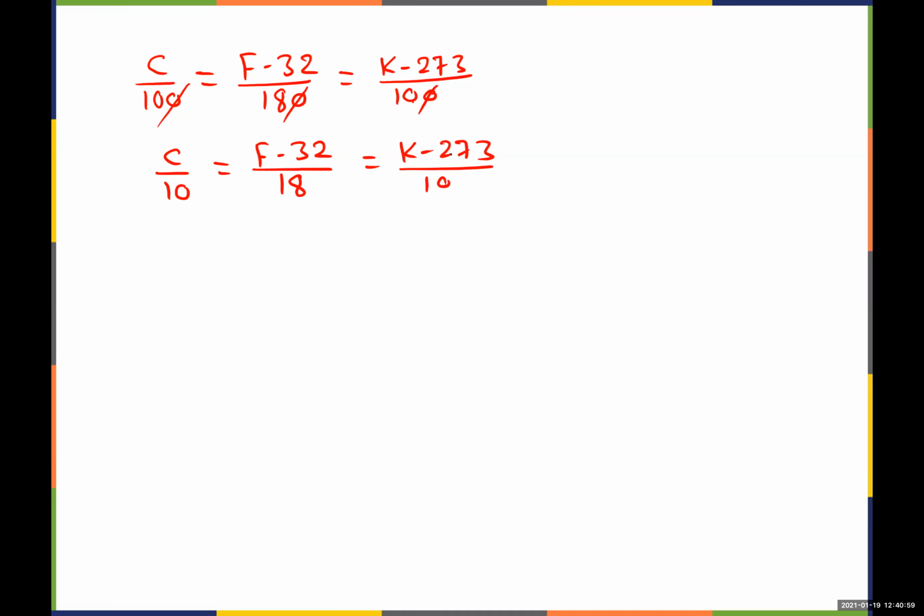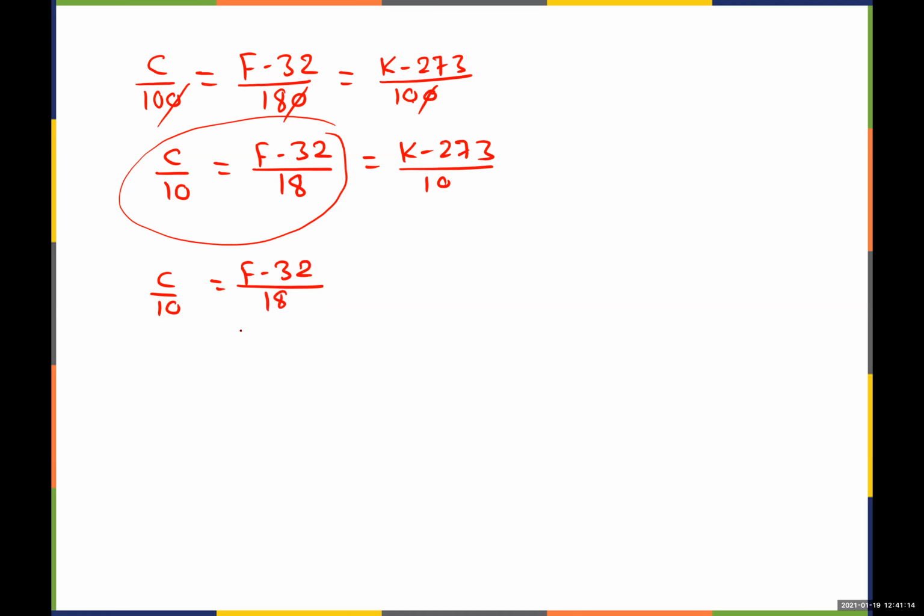Okay, if I take just these two, what will happen? It will be C over 10 equals F minus 32 over 18.